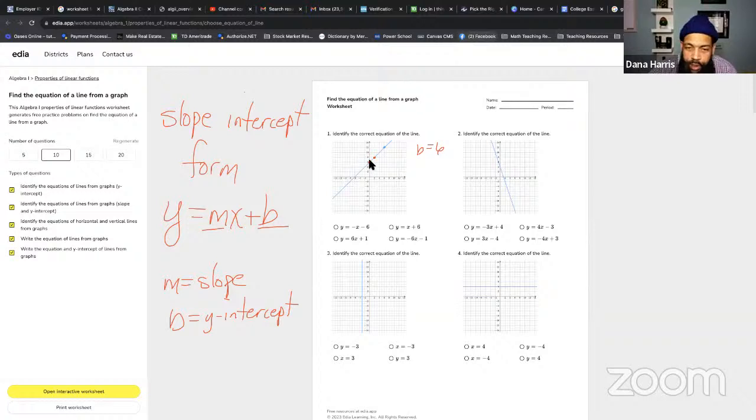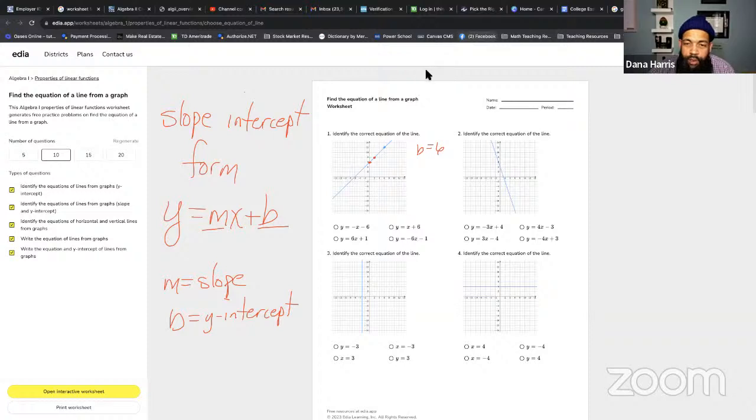So if I go from (0, 6) up to (2, 8), I'm going up 1, 2, and I'm going to the right 1, 2. So I go up 2 and over 2, and that means my slope is 2 over 2, which is 1. But let's say I didn't have that second point in the middle.